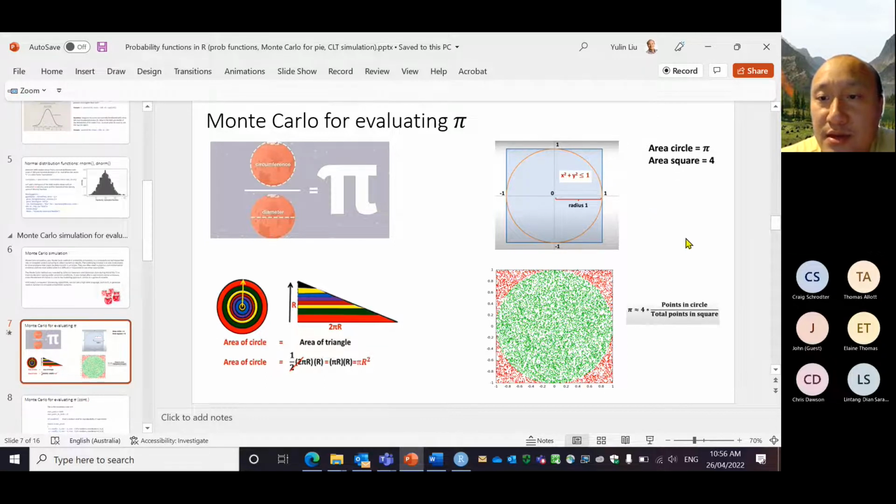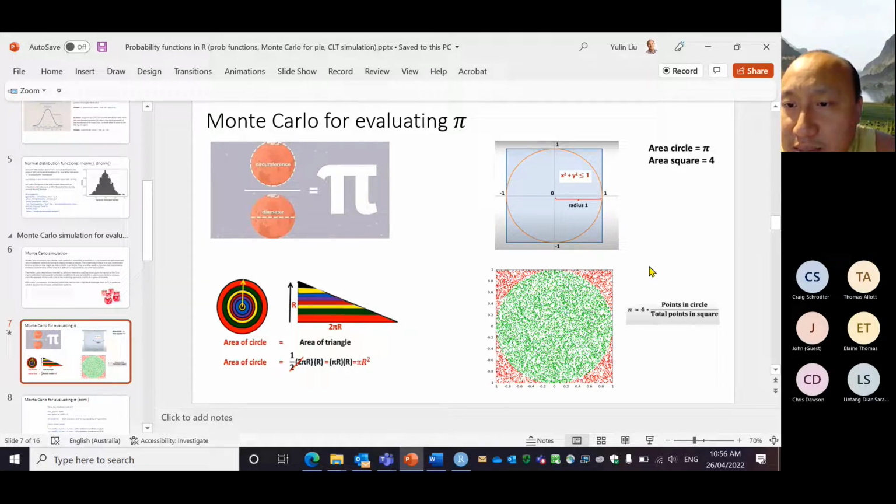Now, if I use a computer to generate random points within this square, just randomly generate points within this square, and then I can calculate something.